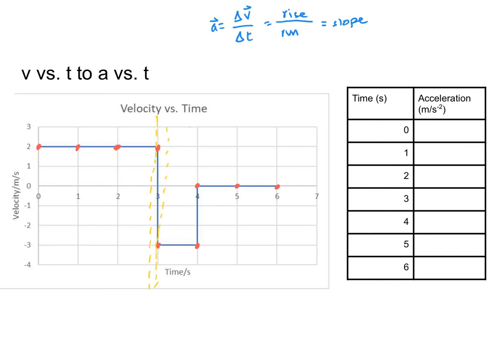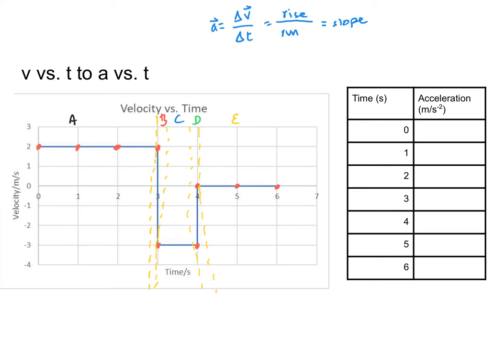From 3 to 4 seconds, I have a constant slope. Again, at 4 seconds, I have a new slope. My line is not a straight horizontal line anymore. And from 4 to 6 seconds, I again have a constant slope. So I have 5 sections, which I'm going to call A, B, C, D, and E.